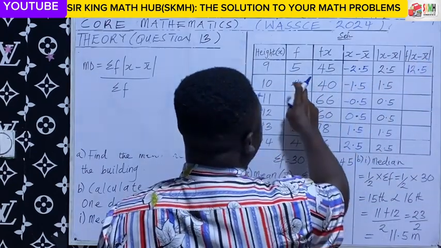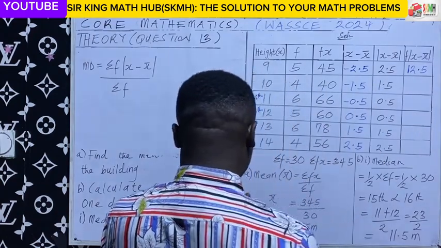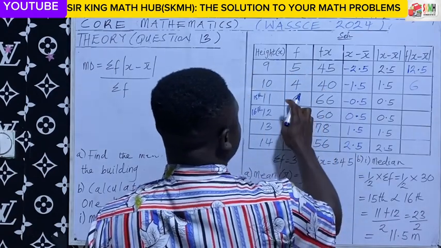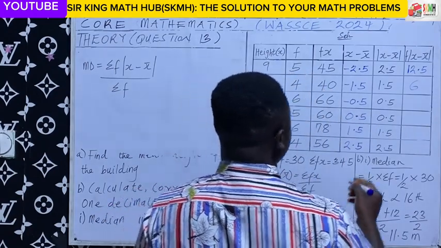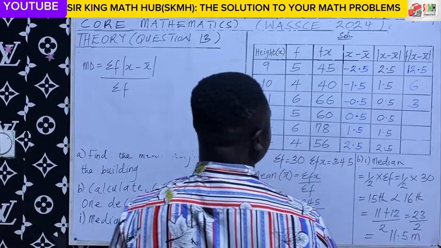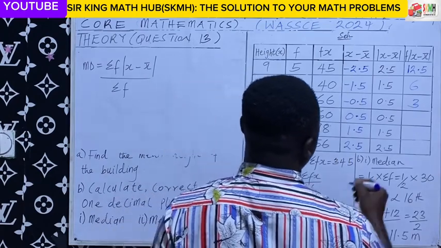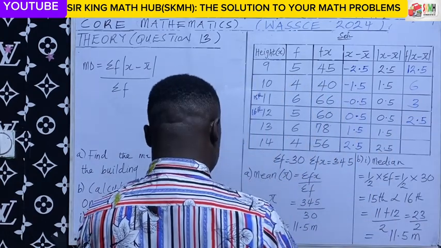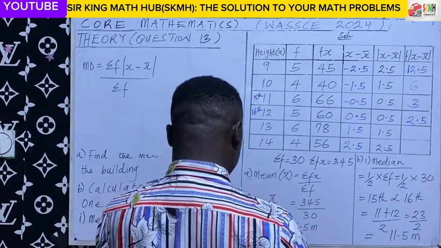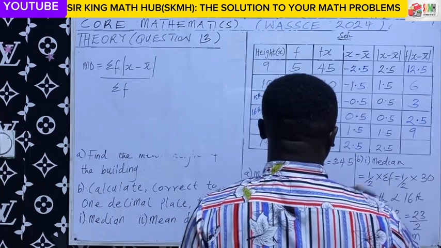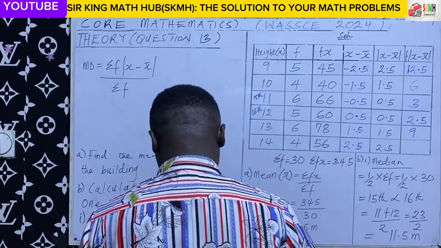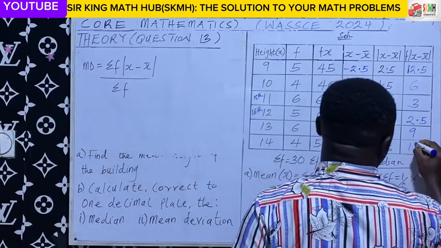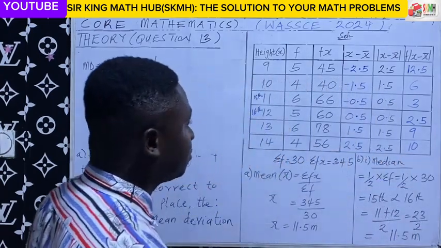Now the next one, 4 multiplying 1.5, 6. 6 multiplying 0.5. That should give us 3. 5 multiplying 0.5, 2.5. Then 6 multiplying 1.5, 9. And then 4 multiplying 2.5, this is 10.